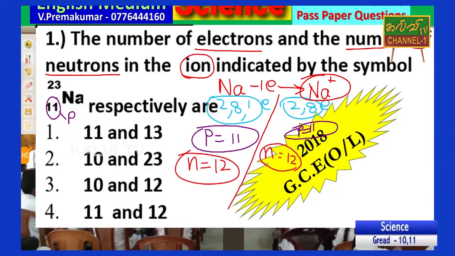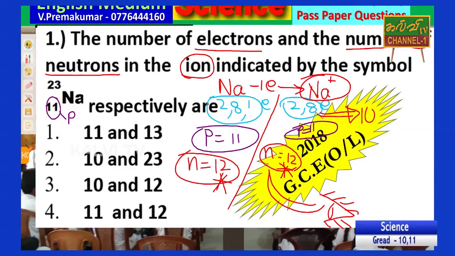So the number of neutrons is 12 in atoms, 12 in ions, but our question is on ions, our target is ions, because the question asks about ions. The number of electrons in the ion is 10 electrons.